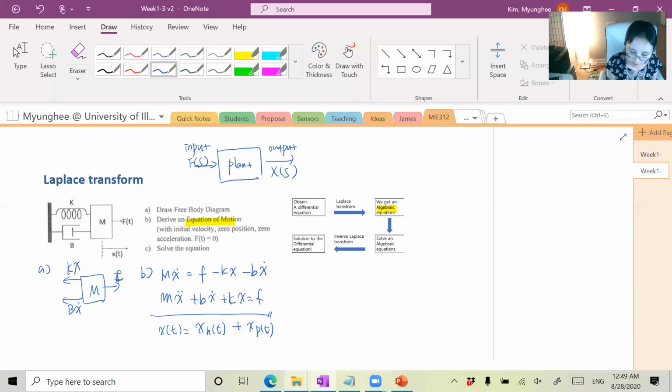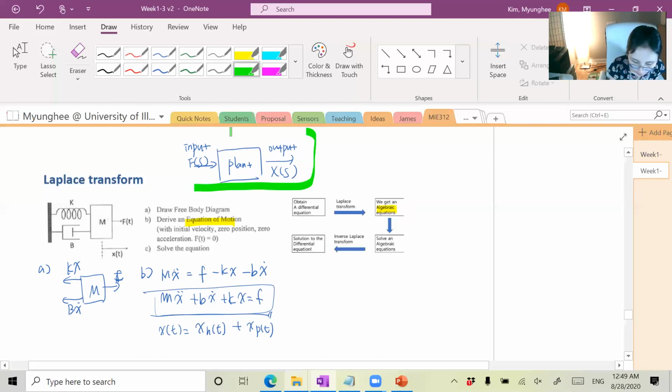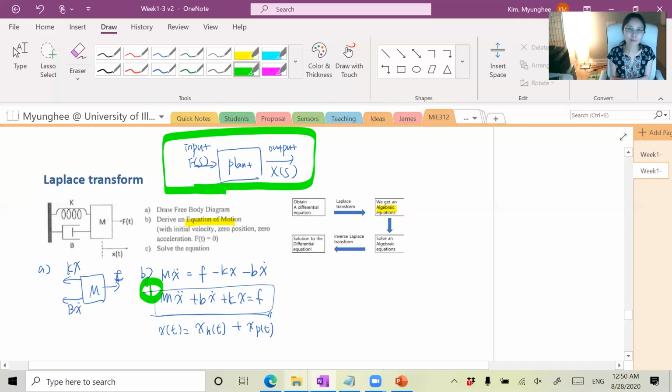Also, another benefit is that using this equation, it's very hard to make this kind of block diagram. How can you make this block diagram using this equation 1? But by taking the Laplace transform, you can express this system with a simple input and output relationship.